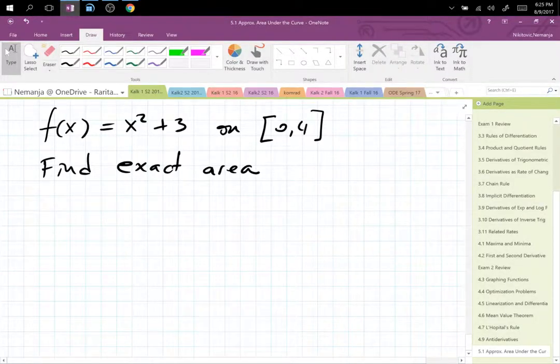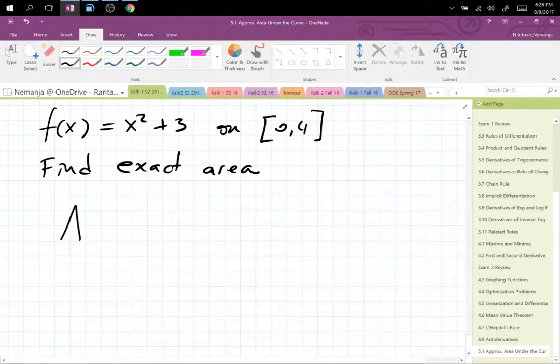So what do we have, guys? We are looking for the exact area.